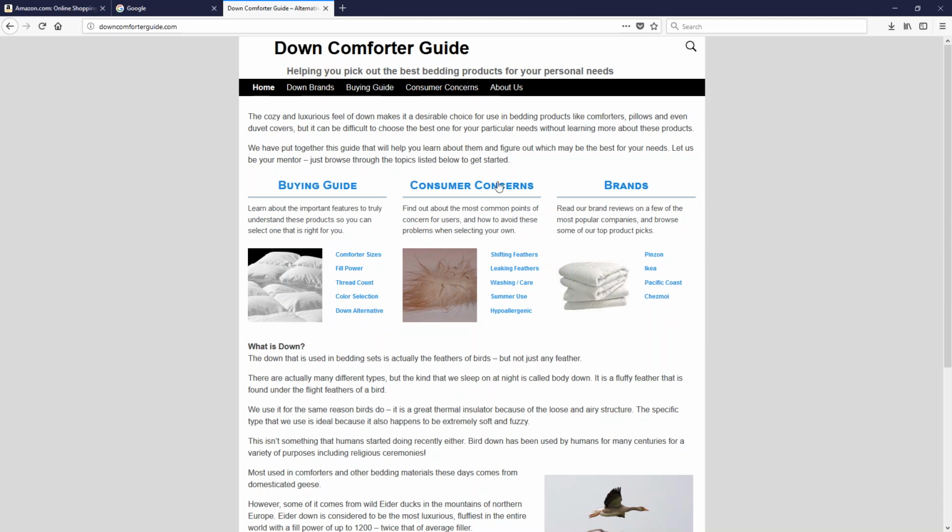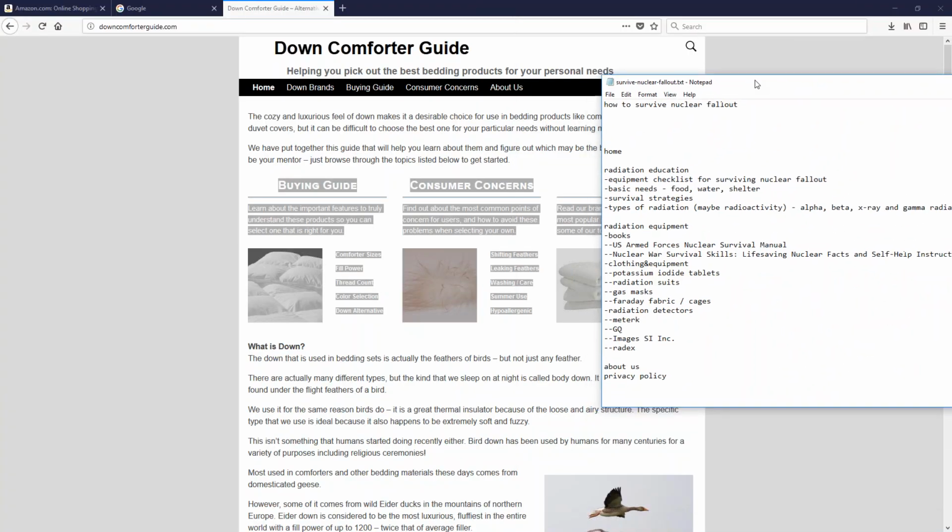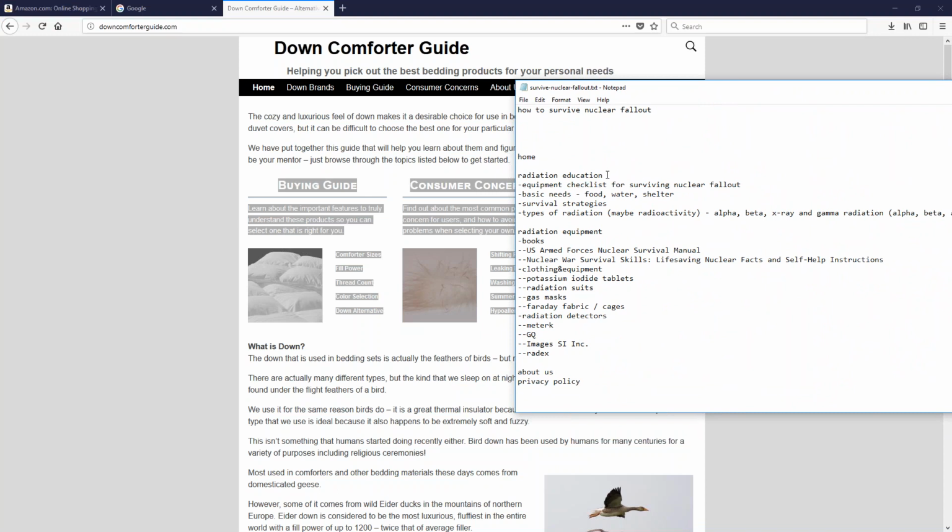So ultimately, anything that is found right here, this information, while I know what all these pages are going to be about, because I have my site planned, I know I'm going to have a main category page for this, and I know what my links roughly are going to be.